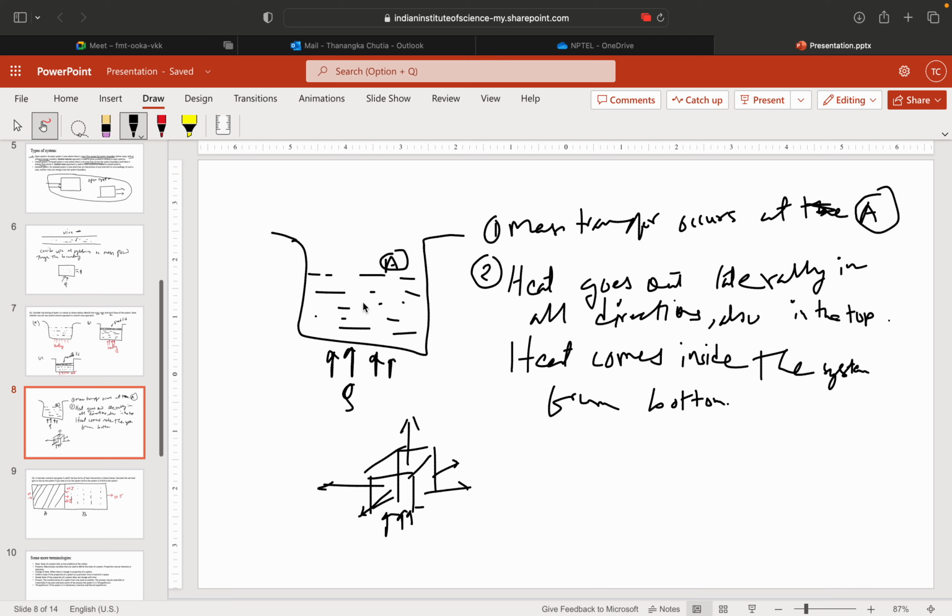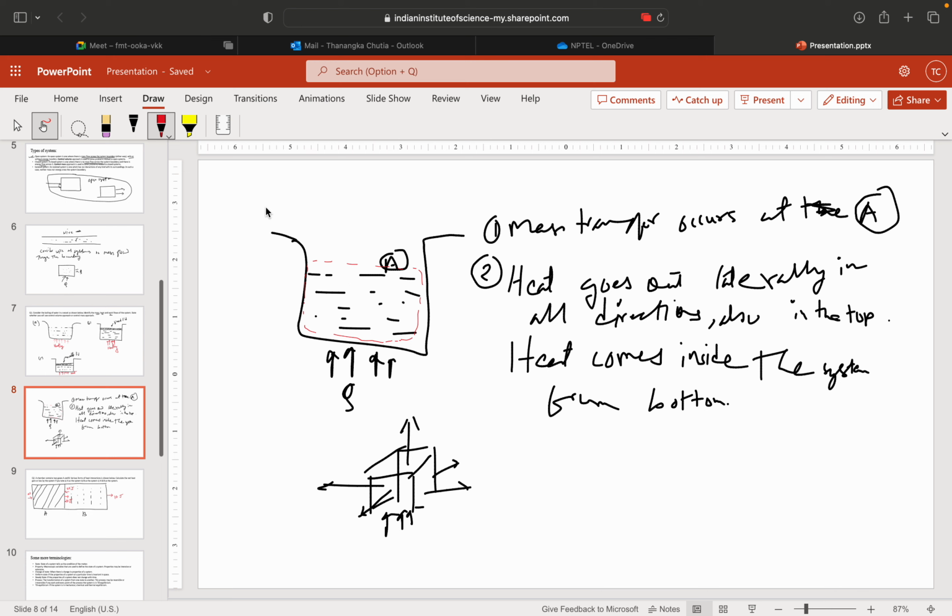If this liquid were my system, then the movement of the system boundary would produce some displacement, and based on that displacement work would be done.